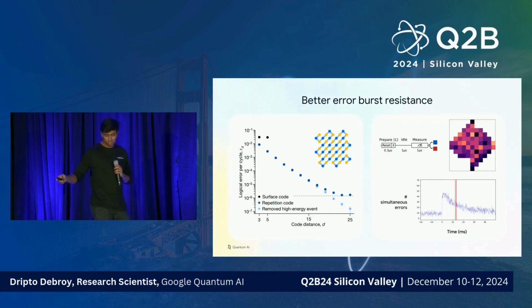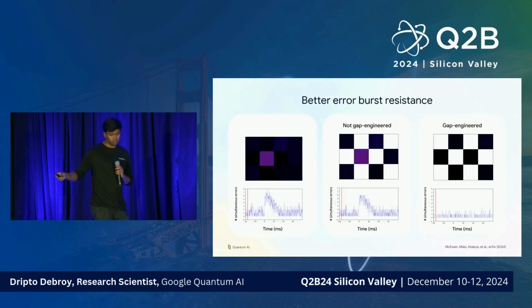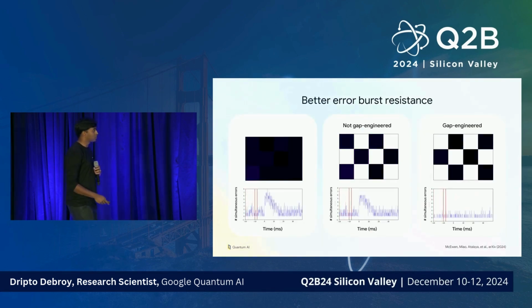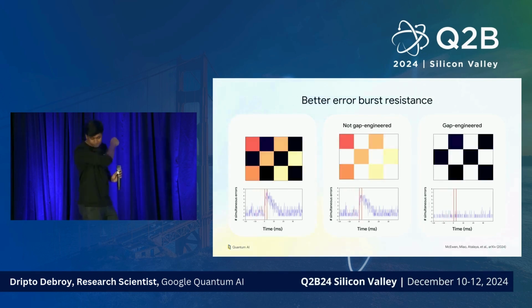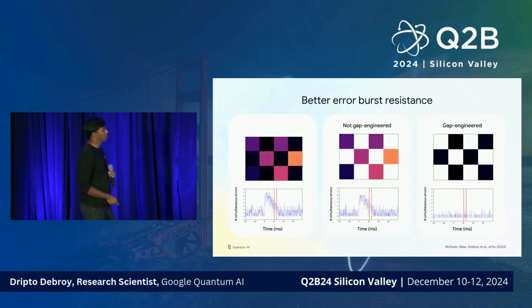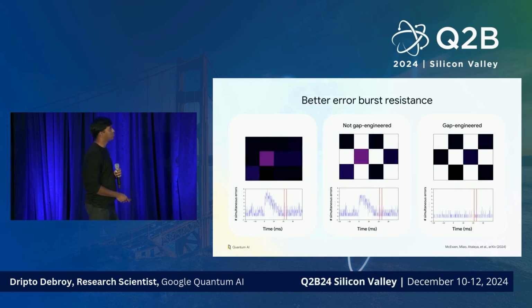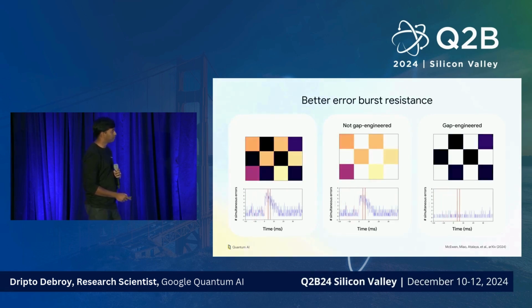We had a paper come out last year in March or so about gap engineering. To show this, we built a test chip that had a rectangle of qubits. 6 of these 12 qubits were gap engineered, and 6 of them were not.